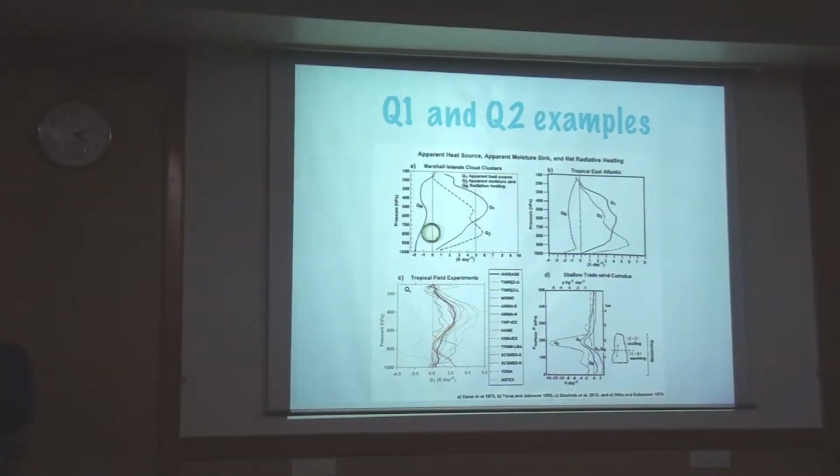So that's the first thing we see: convection heats the atmosphere. The vertical axis is pressure. In this particular experiment, the peak of the heating is at about 500 hectopascal, so the strongest heating effect of the convection is in the middle troposphere.